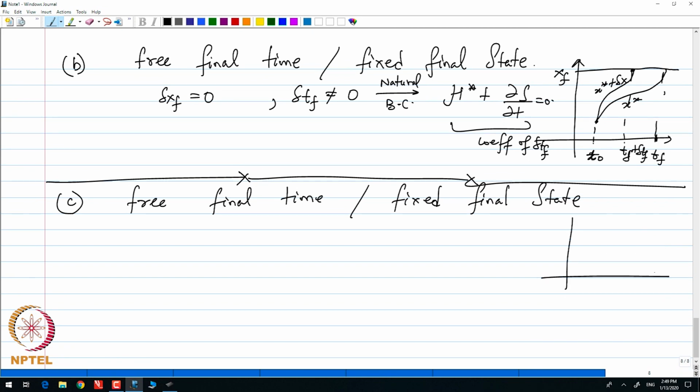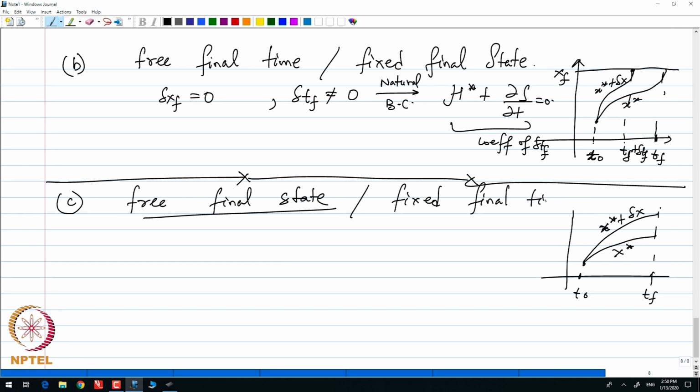So, let me quickly draw the diagram in this situation. Again we fix T 0, we fix T f, and we get x star. The perturbed state is such that the final state changes but the final time is fixed.